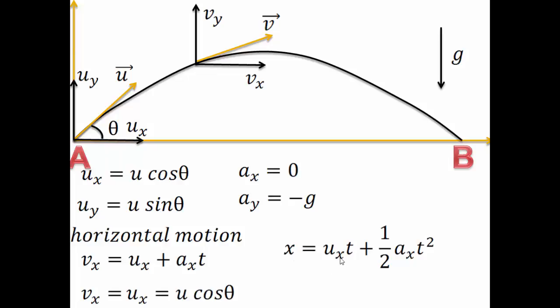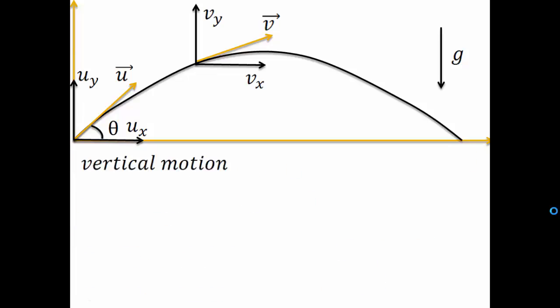Also, x will be equal to uxt plus 1 half axt square, our second equation of motion, and that will be nothing but ut cos theta. Since axt square is 0, this entire term is 0, and ux is u cos theta. So, x at any given point, the distance covered along the x-axis, is given by ut cos theta.